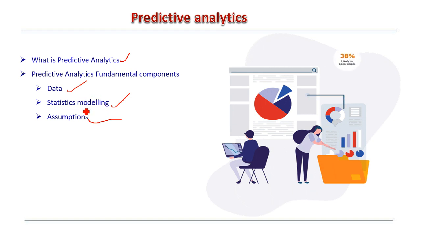When it comes to statistics modeling, regression analysis, which estimates the relationship among different variables, is the primary tool used by organizations for predictive analytics. That is all about statistics modeling.